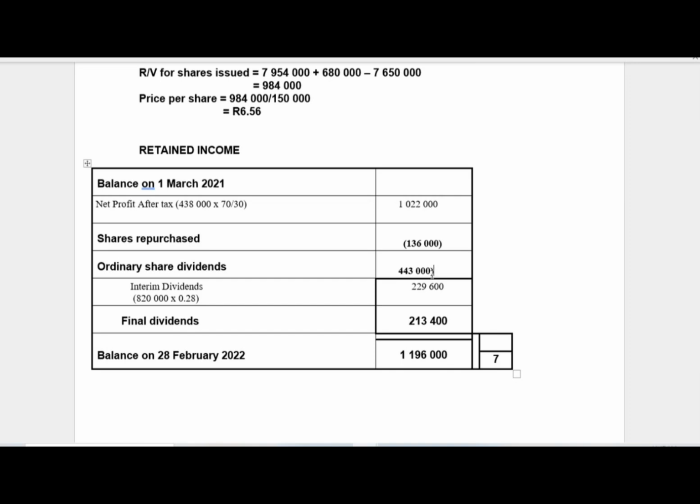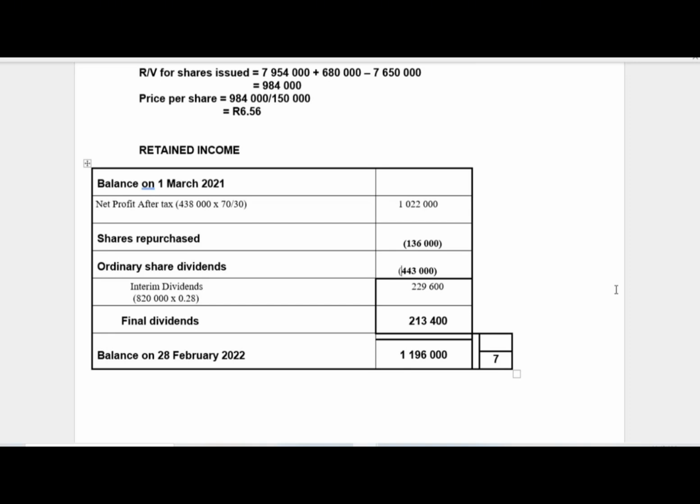This one we subtract, it must be in brackets. So when we calculate, we have 1,196,000. You add ordinary dividends, we're just reversing the calculation, 443,000. You also add 136,000, and then you less the profit, 1,022,000.